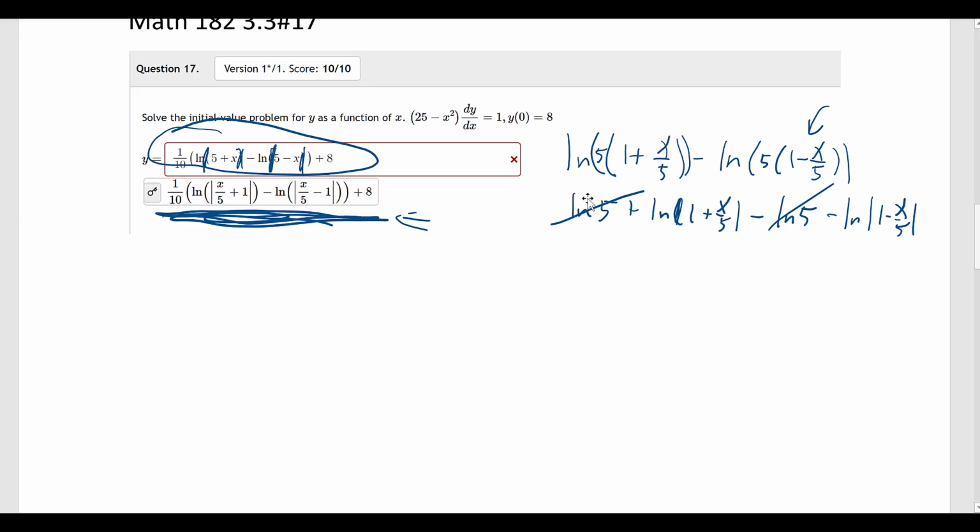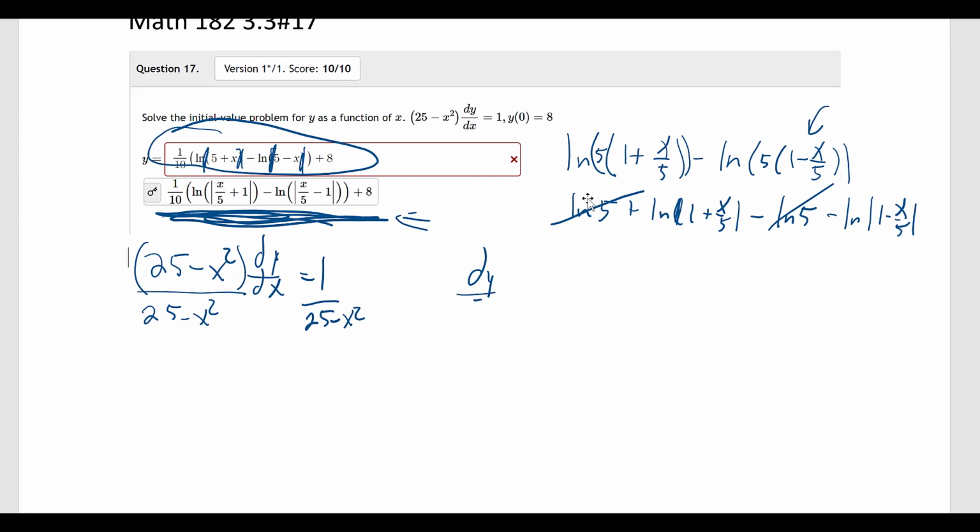So what we again have, kind of like on 16, is you have this 25 minus x squared dy dx equals 1. And I'll divide both sides by 25 minus x squared. So that's dy dx equals 1 over 25 minus x squared.